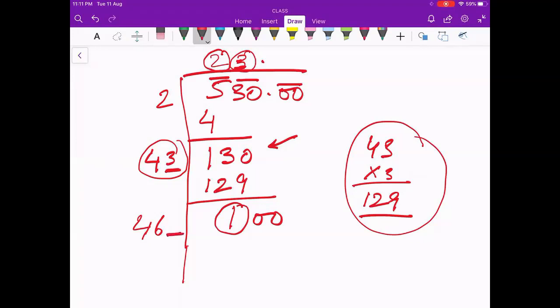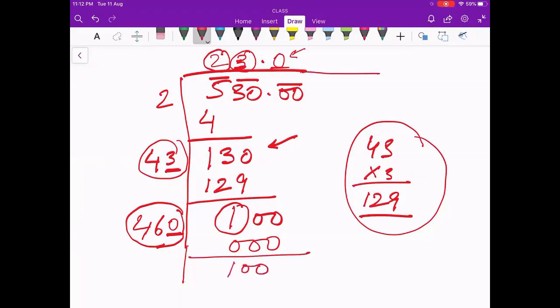We need to write 1 digit here and 1 digit here, so that the multiplication of this digit with this whole number should be equal to 100 or just less than 100. Now, if we take 1, 2, 3, the number will become greater than 100. So that's why we will take 0 here. We will get remainder as 100 only.